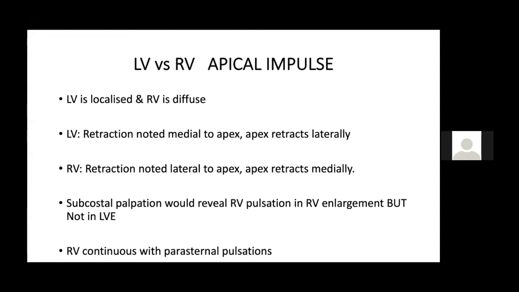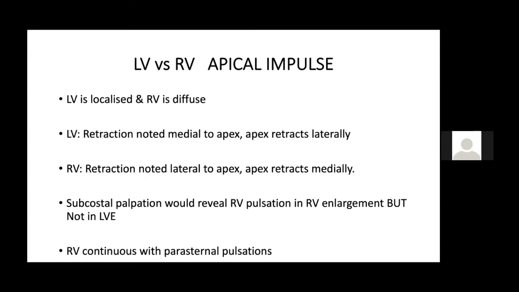Now, the next important thing which they will ask you is retraction. We know that when the RV dilates, in patients with, for example, pulmonary artery hypertension or atrial septal defect, the RV occupies the portion of the LV. Because the RV is occupying the position of the LV, you will see lateral retractions. So there will be retractions which are lateral to the apex as compared to the LV.